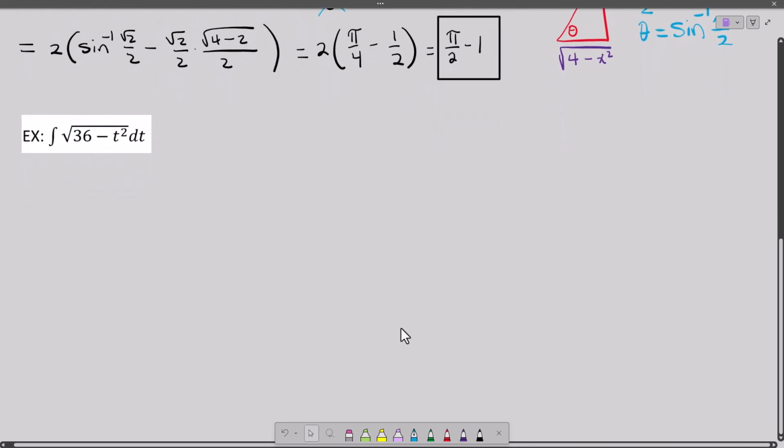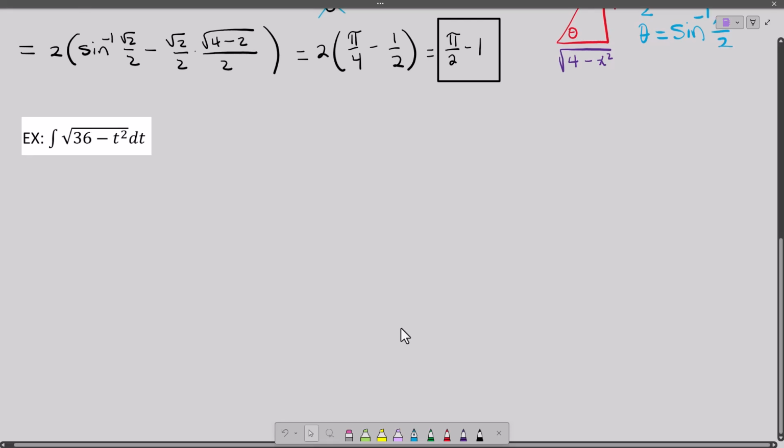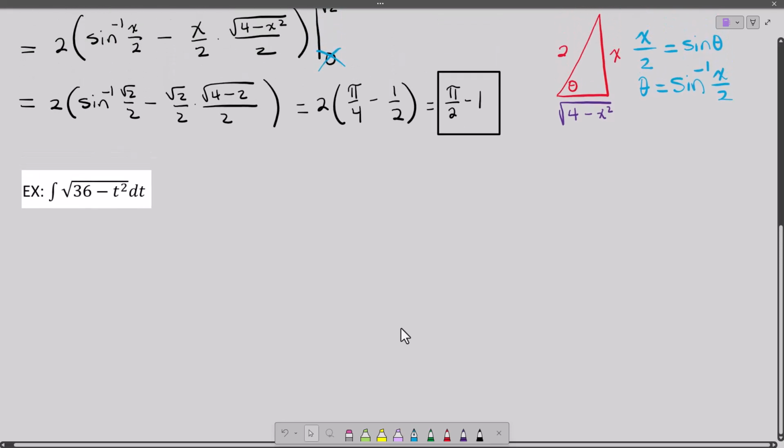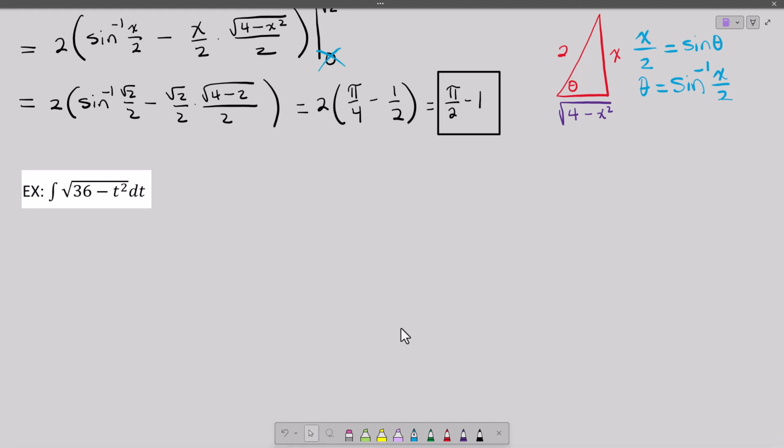Let's do this one in stages. This one is similar because it's a difference of squares with a leading constant. So first step, I want you to factor out the 36 and make it a 1 minus whatever it's going to be.